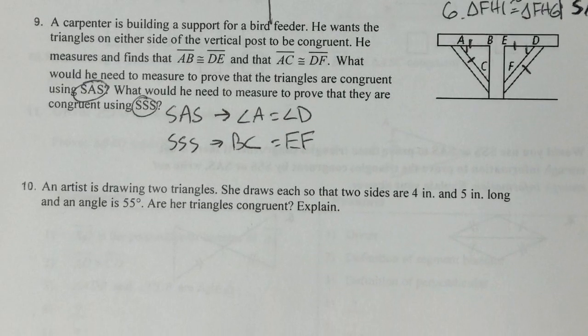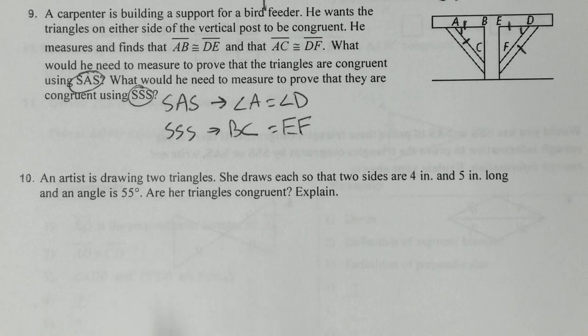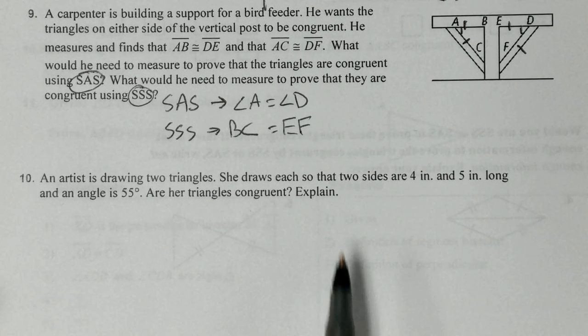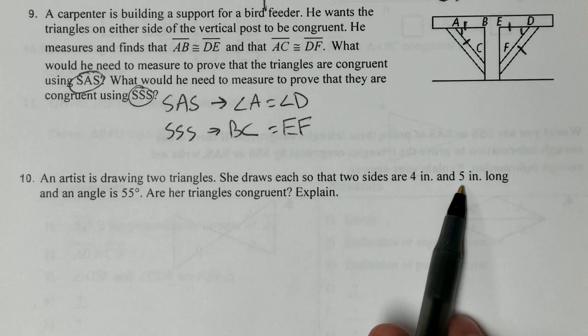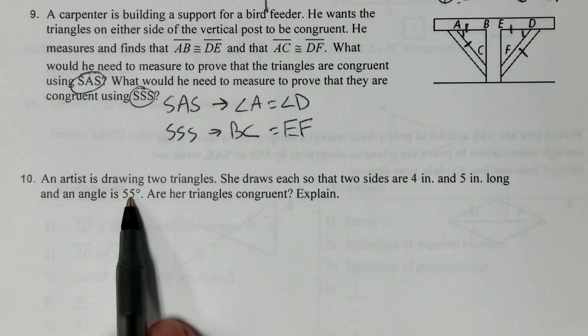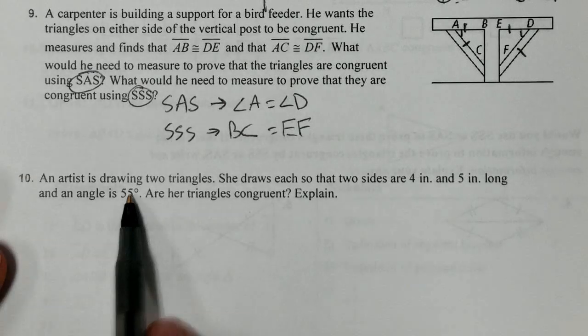Okay, then the last one, an artist is drawing 2 triangles. She draws them so 2 of the sides are 4 and 5 inches long, and there's an angle of 55 degrees.